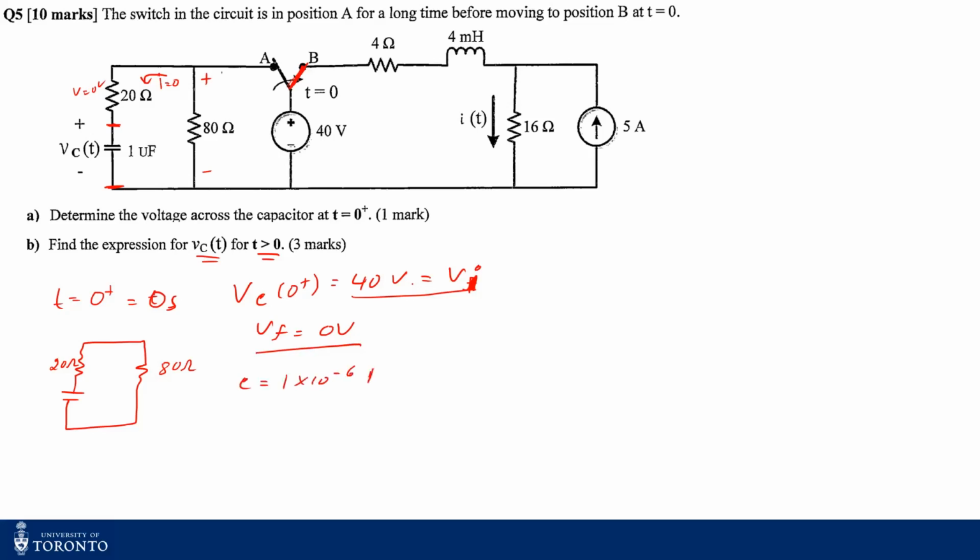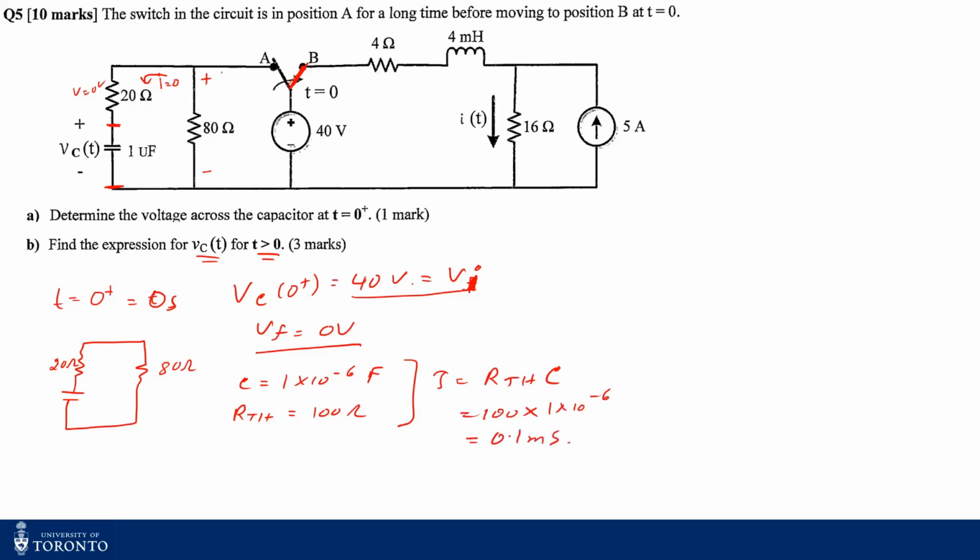What's your R Thevenin across the capacitor? Just 20 ohms in series with 80 ohms, which is 100 ohms. So what's your tau? The time constant is R Thevenin times C, which is 100 times 1 microfarad, equal to 0.1 millisecond.